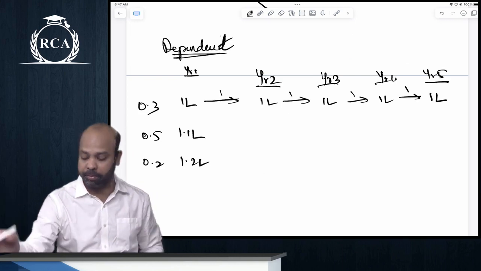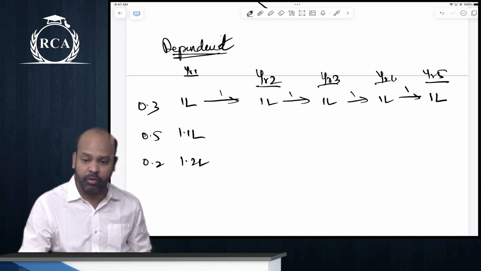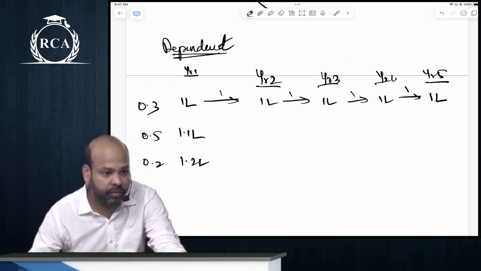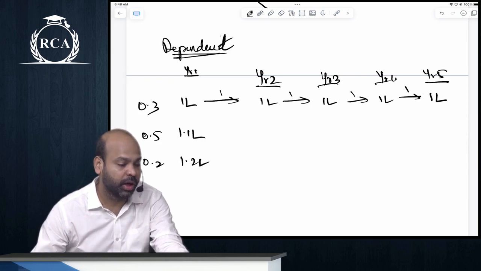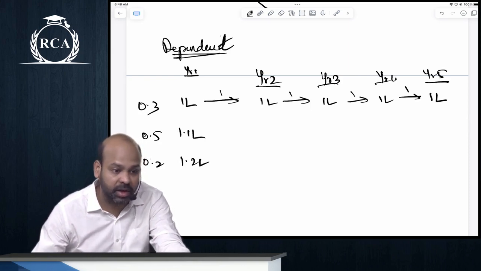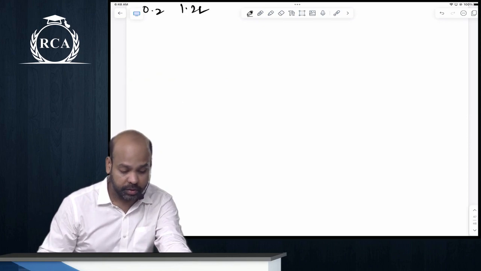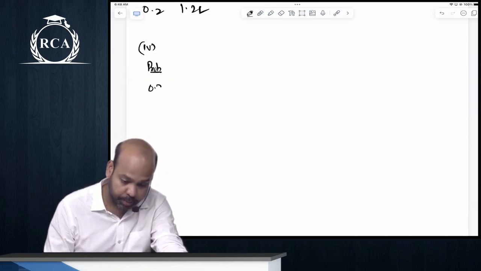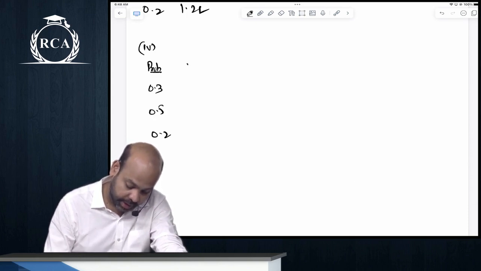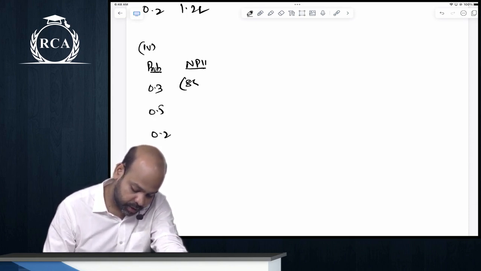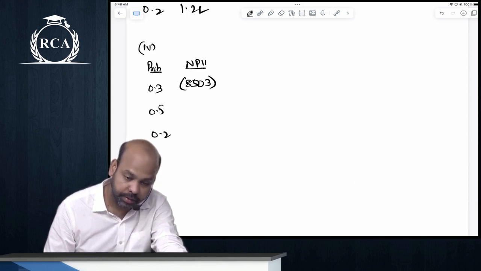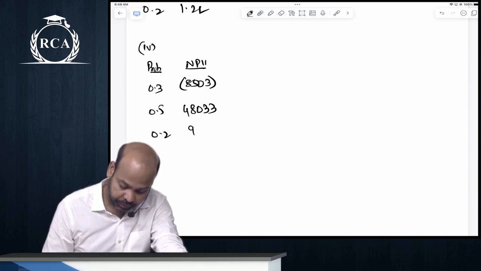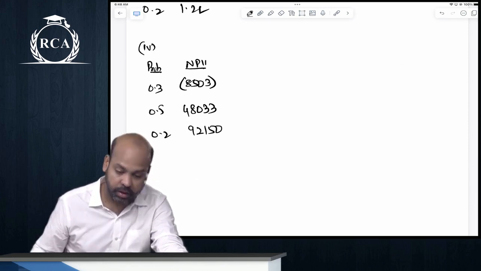For this, the implied assumption is that the cash flows are dependent, because you will have to pick up those 3 NPVs and then compute the standard deviation. What are the 3 NPVs? One negative 8,503, 48,033, and 92,150. These are your 3 NPVs.